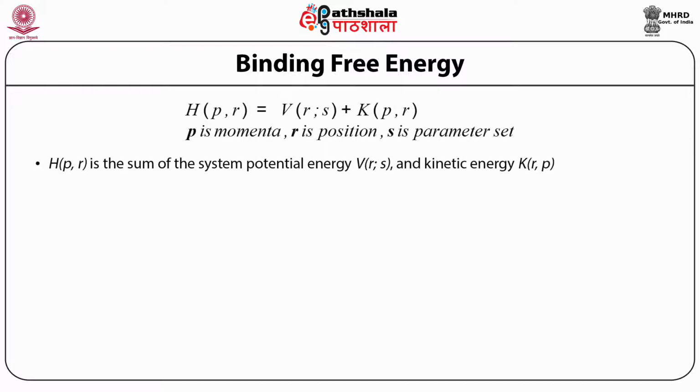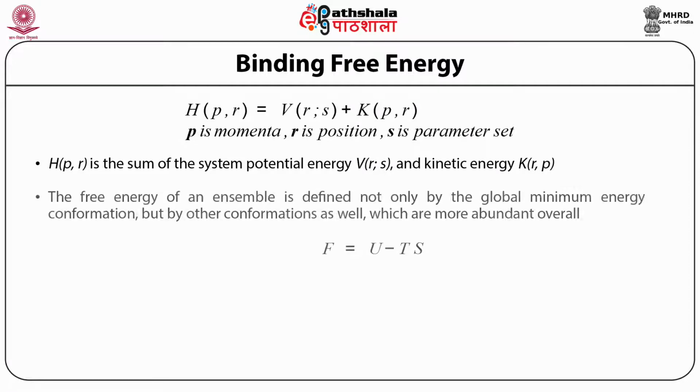Now, H is the Hamiltonian, which is the sum of the potential energy and the kinetic energy over the whole space. That means how many states are available. And free energy is simply written as F = U minus TS, where U is the enthalpy or energy of the system, and TS is just the temperature multiplied by entropy.